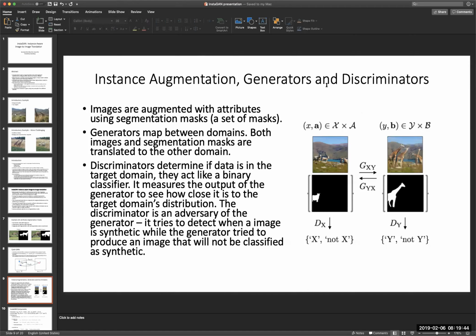The left column is the input augmented space, and the right-hand column is the output augmented space. The transformation G_XY goes from the input space to the output space, and the opposite, G_YX, goes the other direction. This mask is really a set of masks, as indicated by this bracket, sort of set brackets.